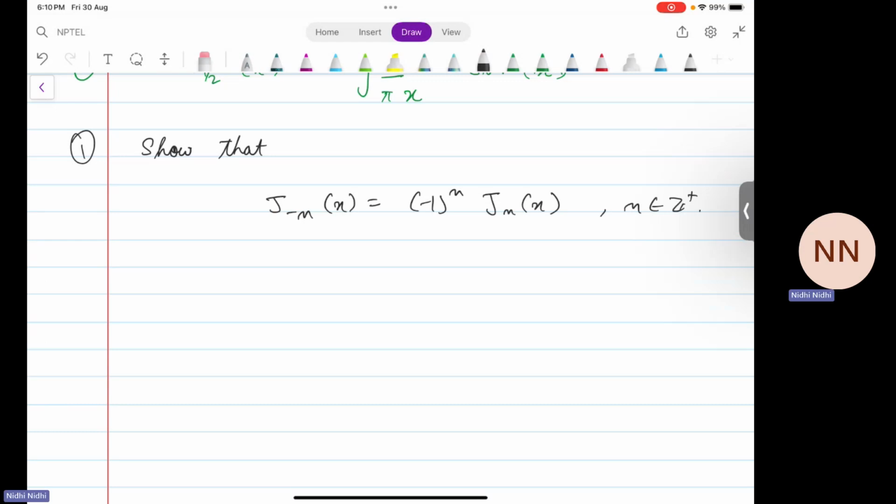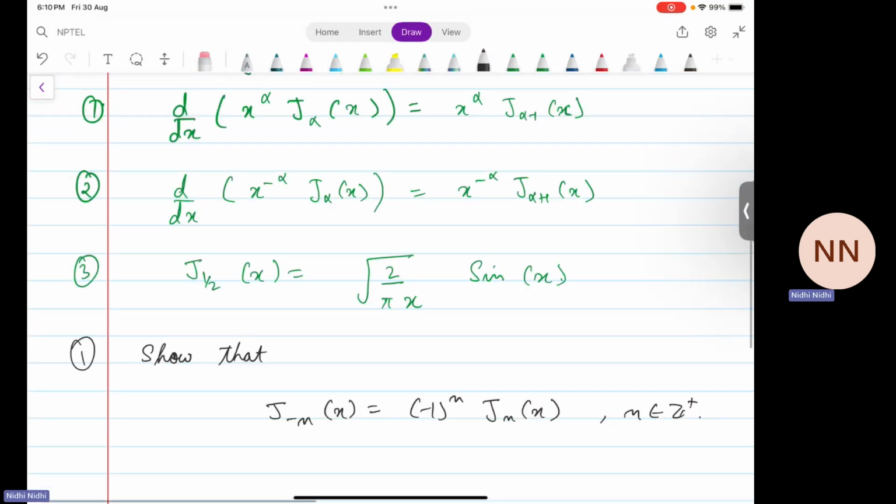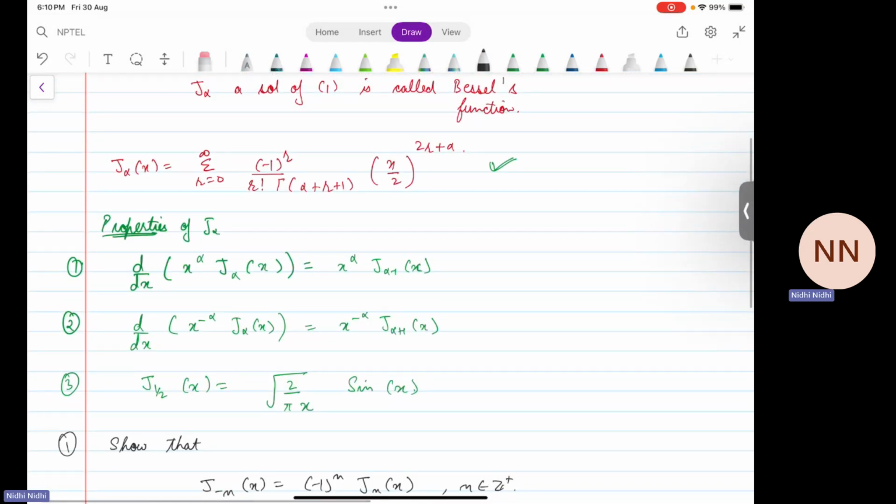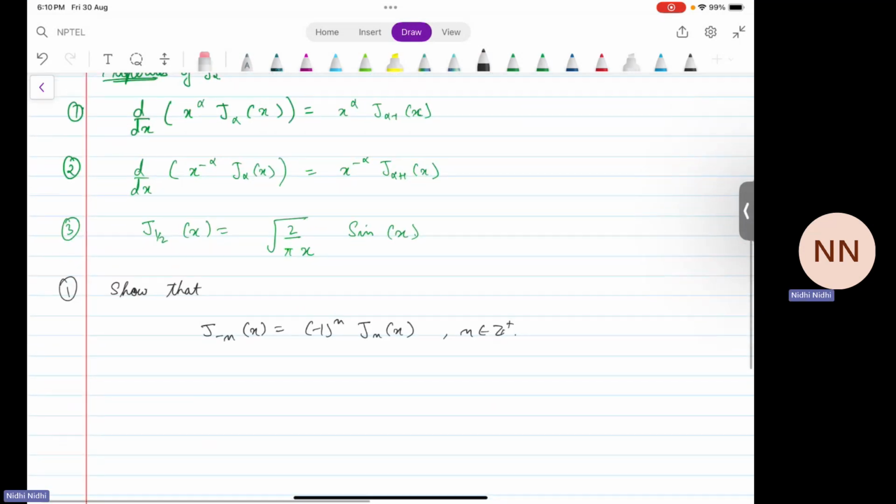So we'll be using the basic general formula for the Bessel's function for alpha equals n and minus n, and manipulate them in such a way that they satisfy this equation.